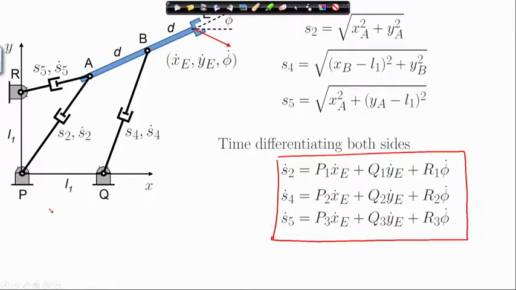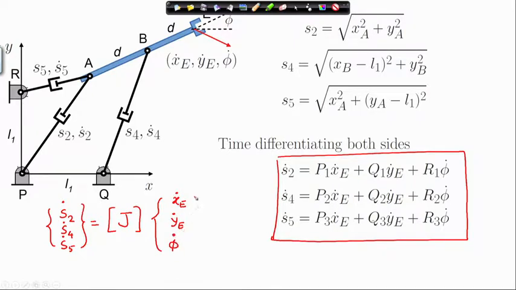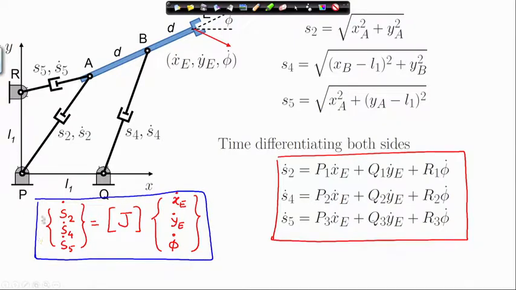So, which means I have S 2 dot, S 4 dot, S 5 dot is equal to a Jacobian matrix times x e dot, y e dot and phi dot, and that is the velocity relation that we are seeking. The Jacobian can be easily read out from these detailed relations.